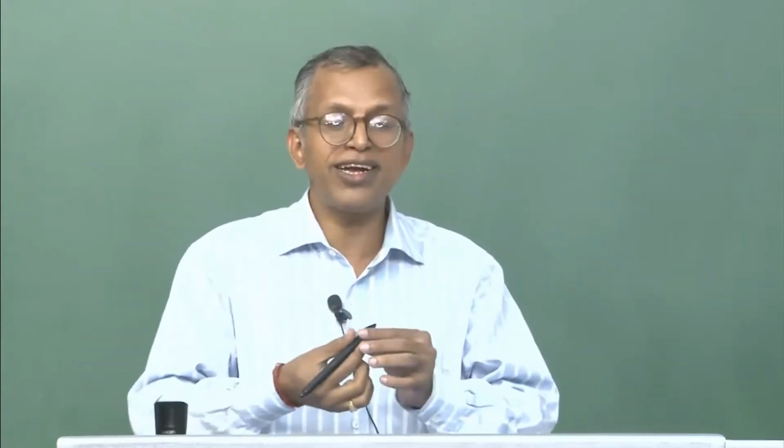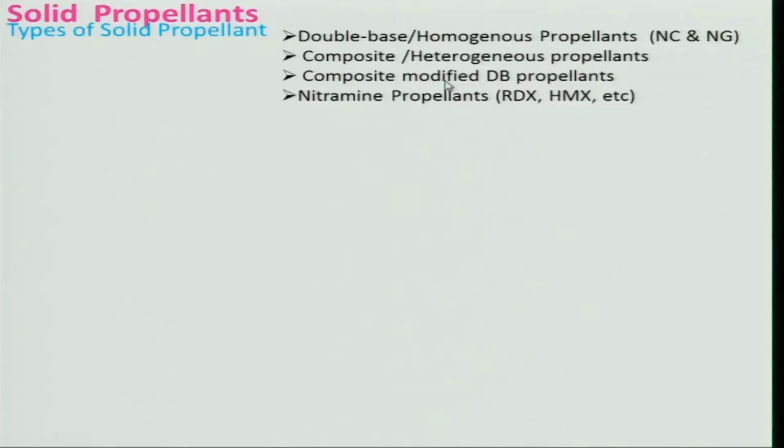There will be granules, there will be cement, there will be sand, all together, each having its own identity, its own surface. But if I mix together and cast it, it is like one itself. You cannot identify physically, right. That is homogeneous propellant.